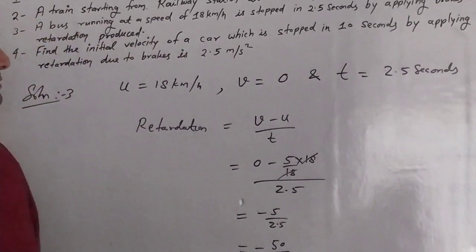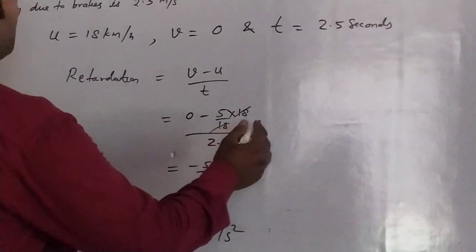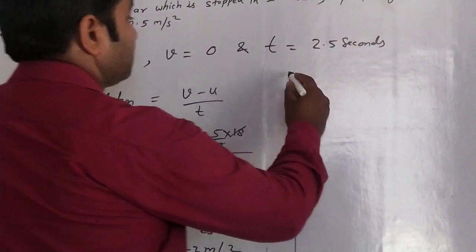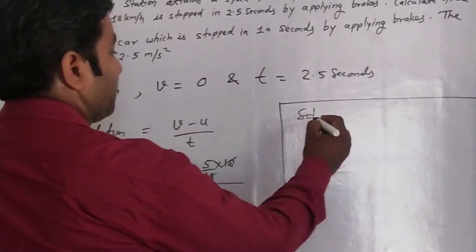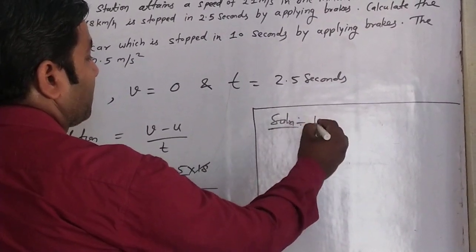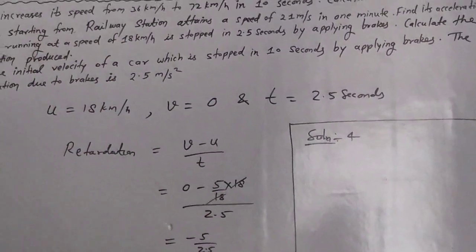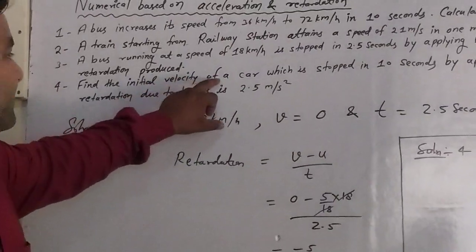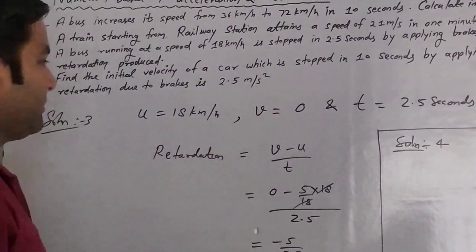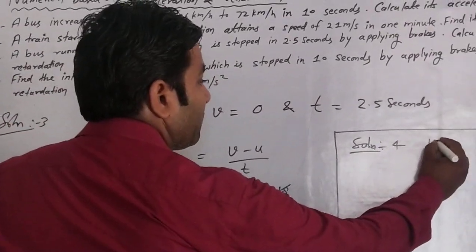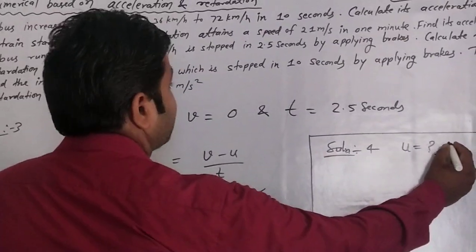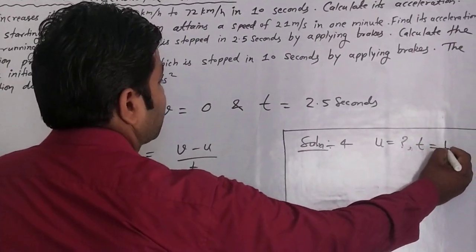And the last one, solution number 4. In problem 4, what is given? Find the initial velocity of a car which is stopped in 10 seconds. Initial velocity you have to calculate, means you have to calculate the value of u, and time is given as 10 seconds.